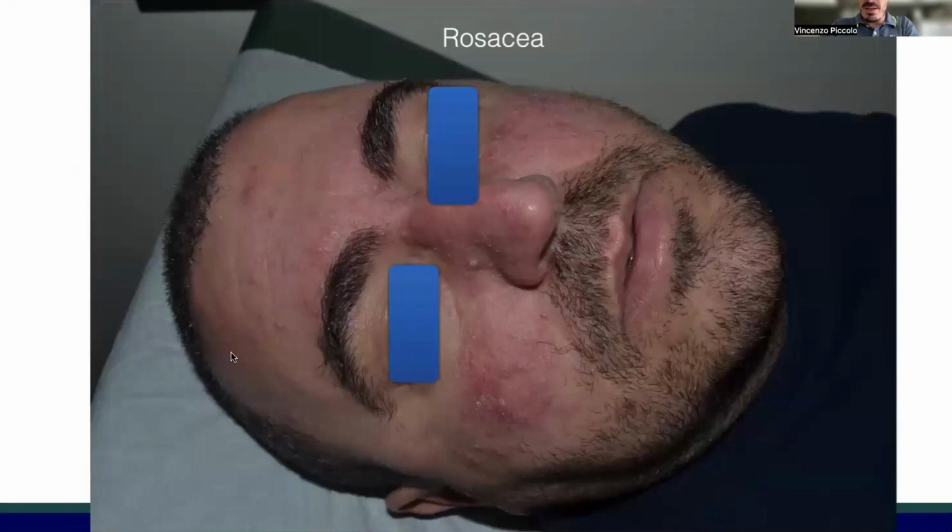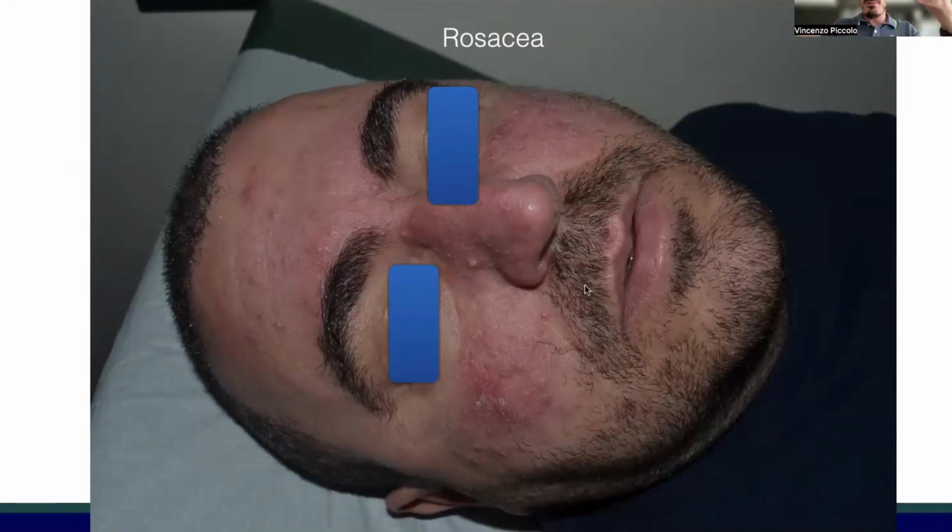Rosacea may be distinguished from acne because of the lack, usually, of comedones. So the blackheads are missing in this condition, while we have erythema of the convex areas of the face, usually affecting older people than acne.